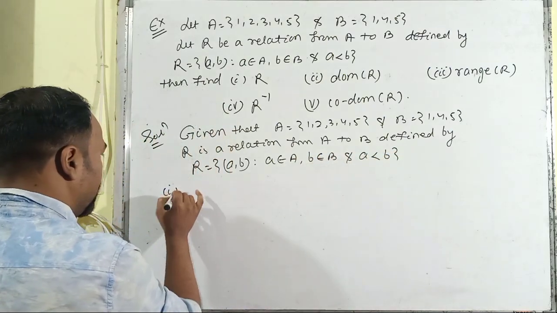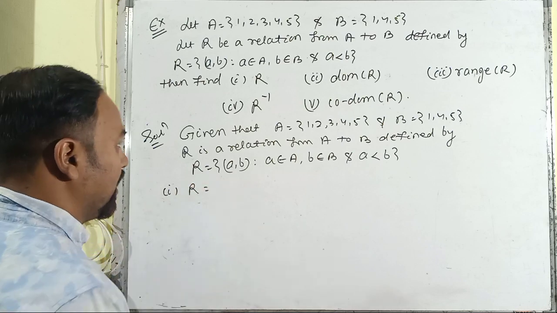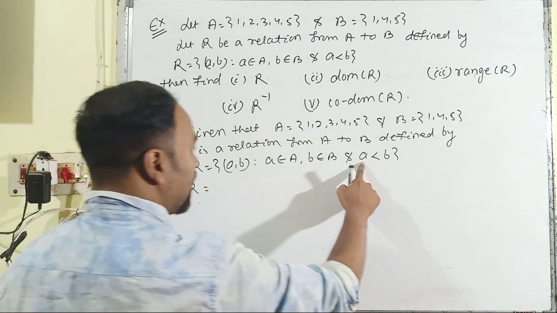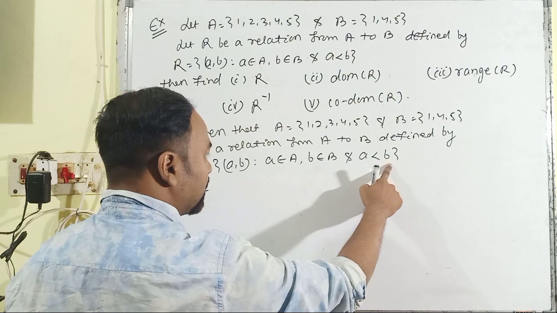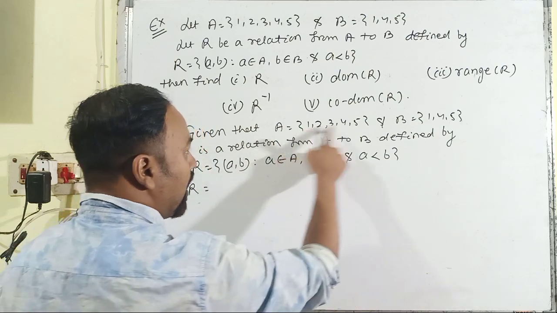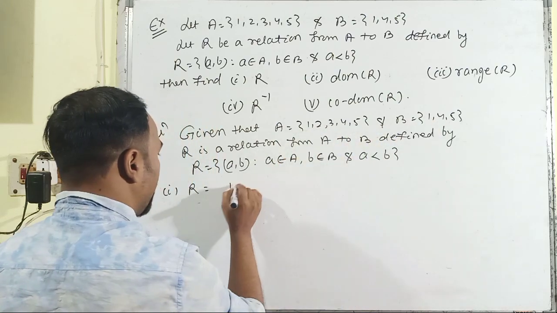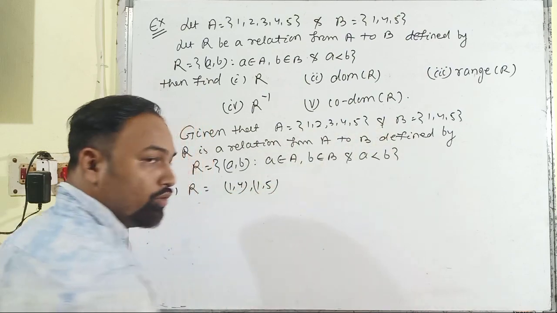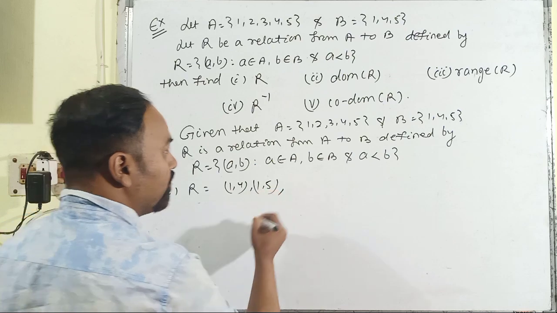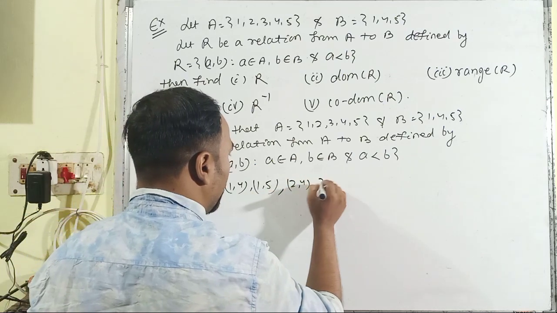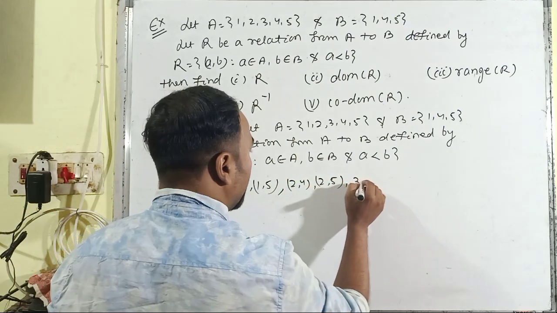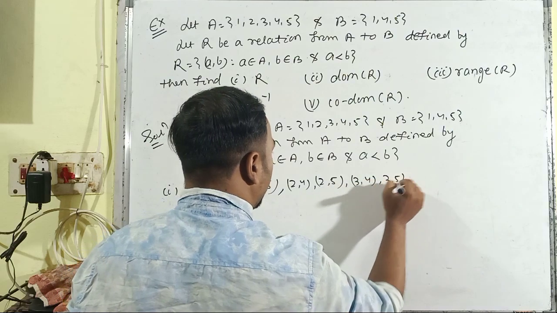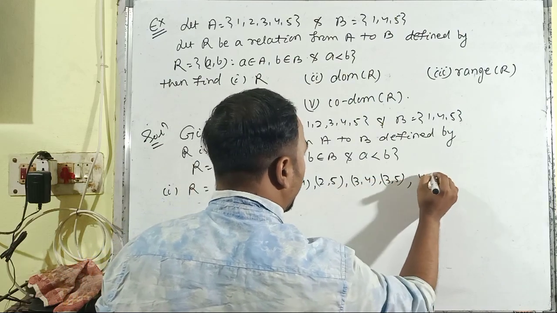That means the R set can be defined as, the relation is like that: the first component must be less than the second component. (1, 4), (1, 5). We cannot consider (1, 1) because they are equal to each other. So (1, 4), (1, 5), then (2, 4), (2, 5), then (3, 4), (3, 5), then (4, 5).